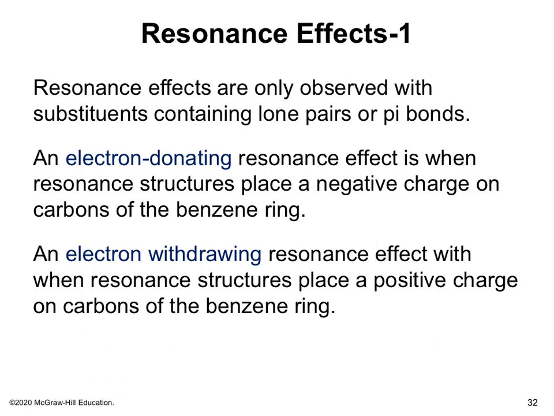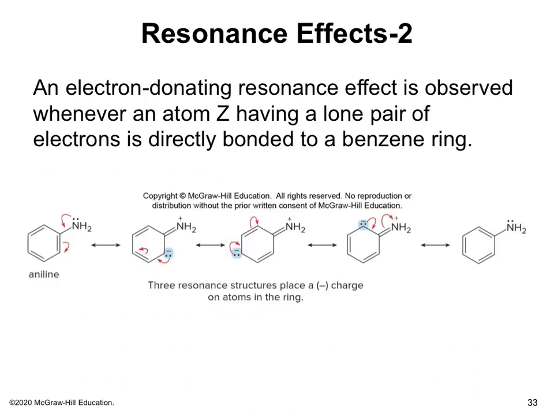There are also resonance effects to consider. But I'm just going to go straight into the most important one. If the element bonded directly to the carbon, the substituent, has a lone pair, then that's going to be electron donating. That's going to trump everything, because that's going to show you some resonance. That is the most dominant factor.